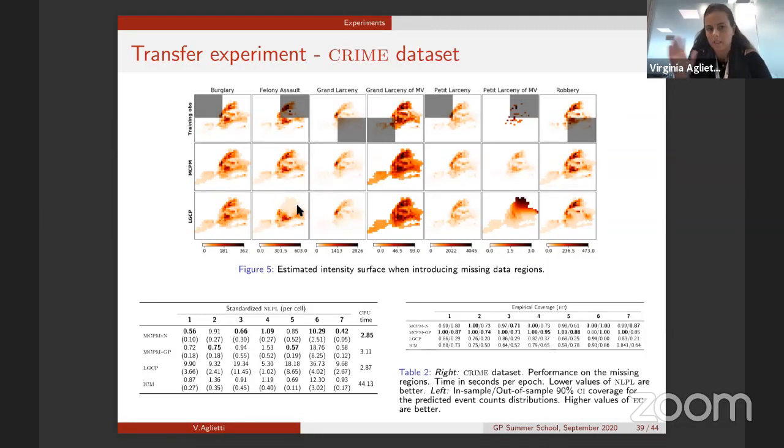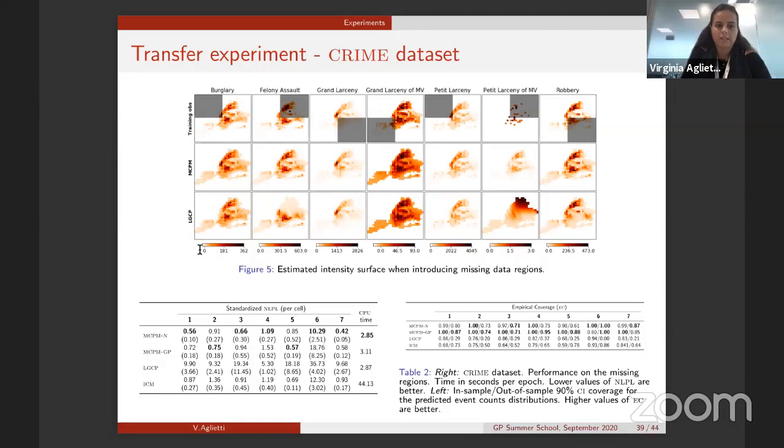So it's just going to say the intensity is 0. Same happens across the different methods. You can see, for example, here, again, an intensity which is basically 0. Same happens here. That's a very, very weird behavior of the LGCP model.